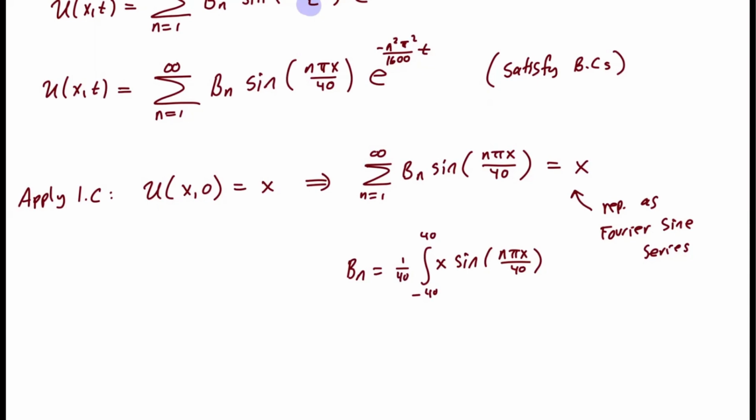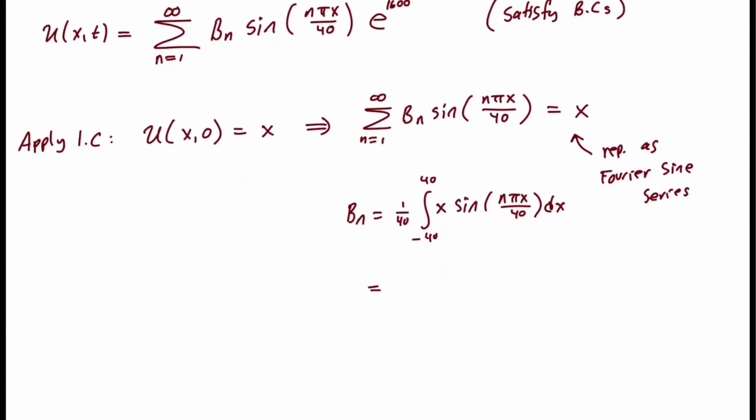Now, since x is going to be extended as an odd function, and sine is an odd function, you can simplify this integral a little better by using the property that you can double the integral. So this is 2 over 40, the integral from 0 to 40, so from 0 to L, of the function x times sine of n pi x over 40 dx.